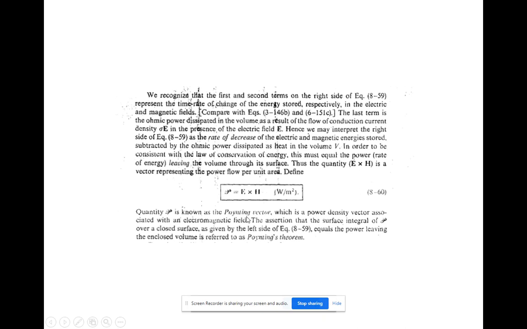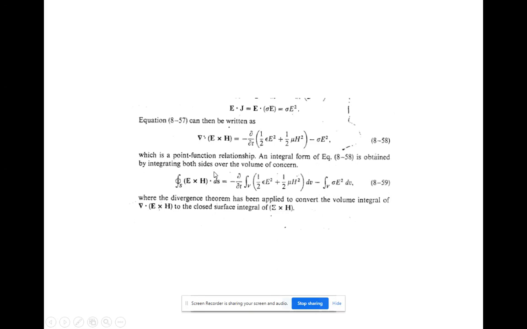So E cross H is represented by the Poynting vector P. We can say that as the power flow per unit area, or we can also mean it as a power density vector associated with the EMF. So this equation will represent the Poynting theorem equation: the surface integral of E cross H will represent the Poynting theorem.